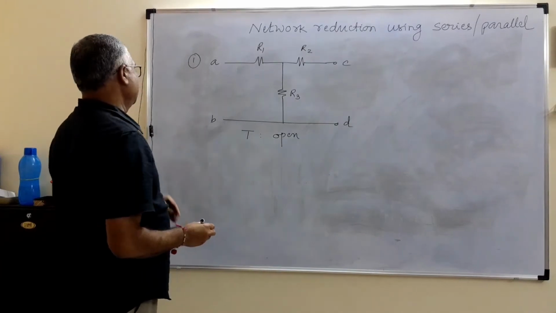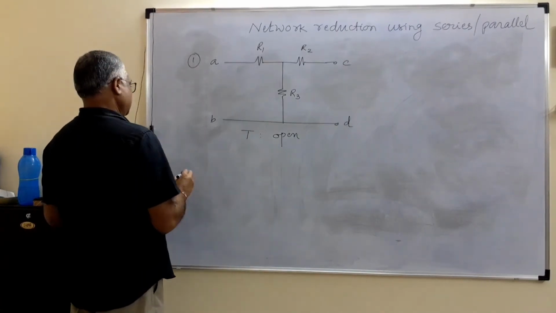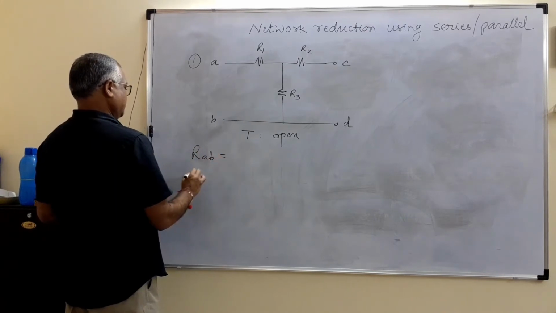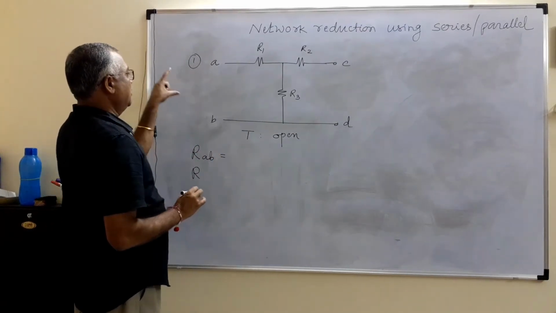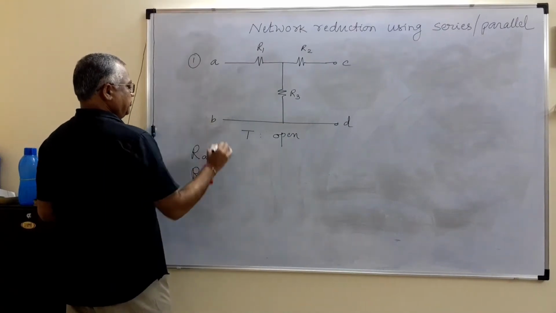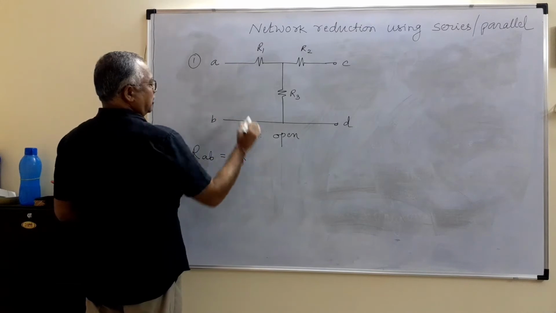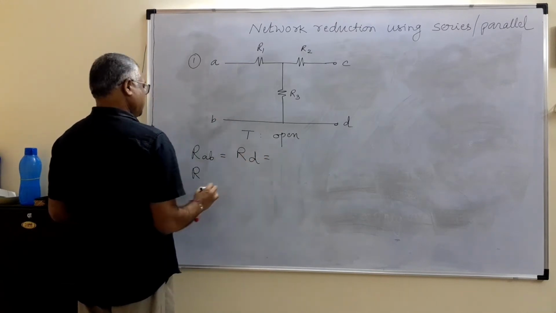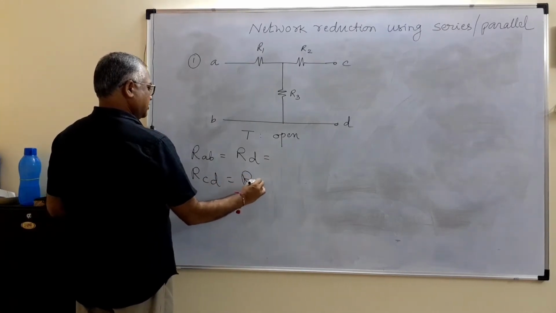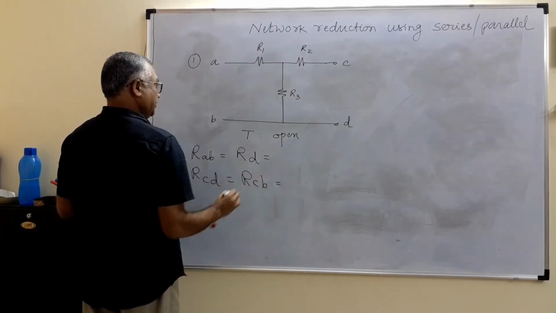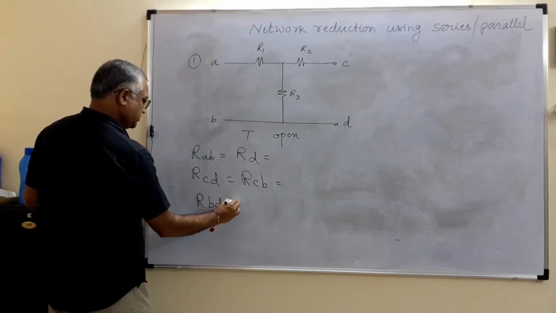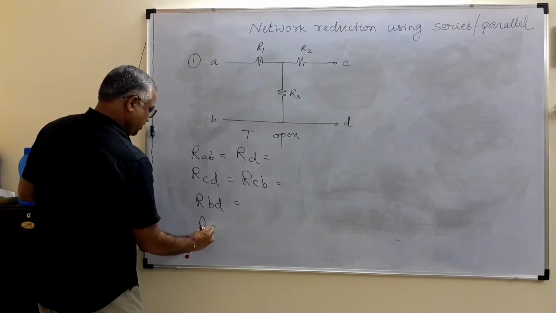So what are the possible questions we can ask? RAB, RAD, RCD, RCB, RBD, RAC. All of these we can answer.